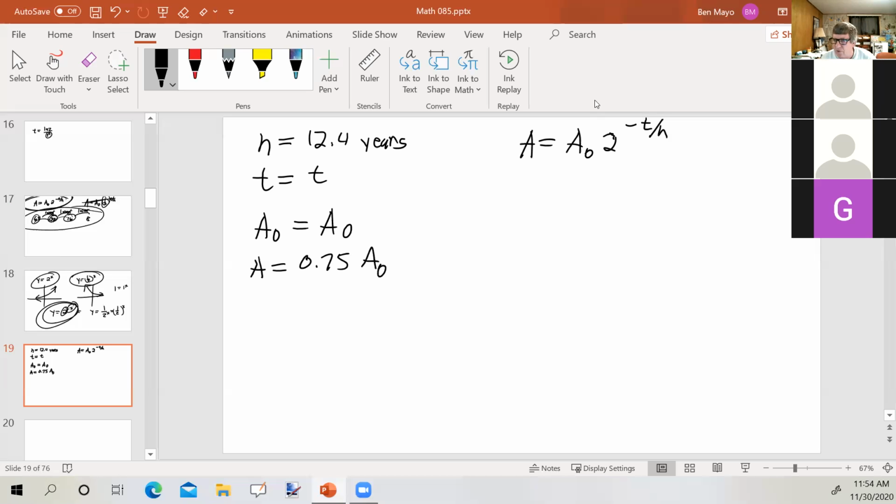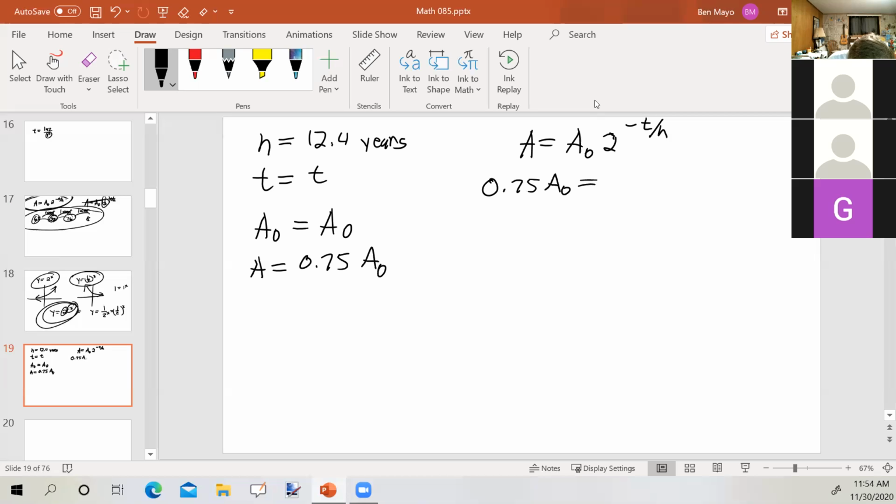So A equals 0.75 times A sub 0. So I really don't even need to know the starting amount. I just know that we lost 25% of it. So the ending amount is 75% of the starting amount. Everybody see that, where the 0.75 came from? Yes. So now our equation becomes this.